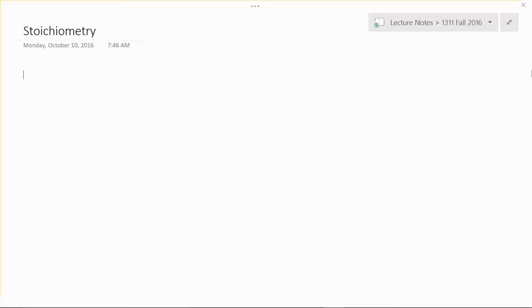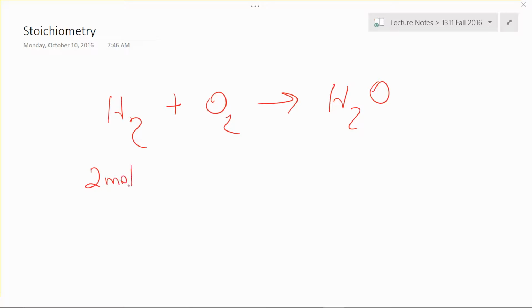So let's look at a simple, basic chemical reaction like this one. I want to use this chemical reaction, and I want to decide if I have 2 moles of H2, how many moles of O2 will react with it, and how many moles of H2O will be produced.